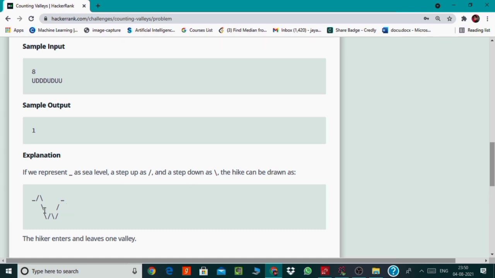Whenever we are below the sea level, we are in a valley, and when we are above the sea level, we are in a mountain. So whenever we go below the sea level, we count that as a valley. We just need to find how many times we move below the sea level and come back to the sea level. Like here, we went down and came back only once, so we simply return 1.